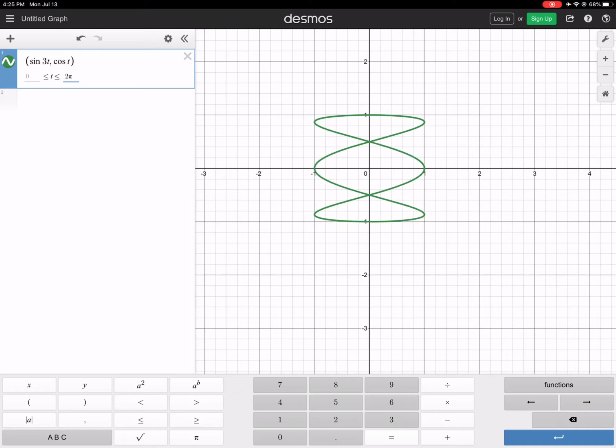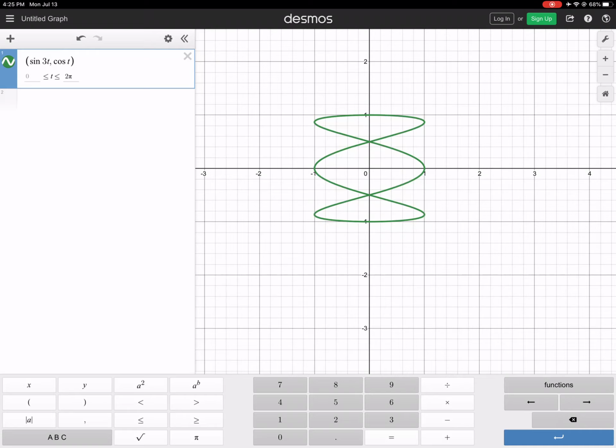It completes. What I think is interesting about this is that it looks like I have 3 lobes. That 3 is based on the number that's in front of t. Remember how putting the number in front of t decreased the period by dividing by 2 pi? So now our period here is 2 pi over 3, for the sine function anyway.